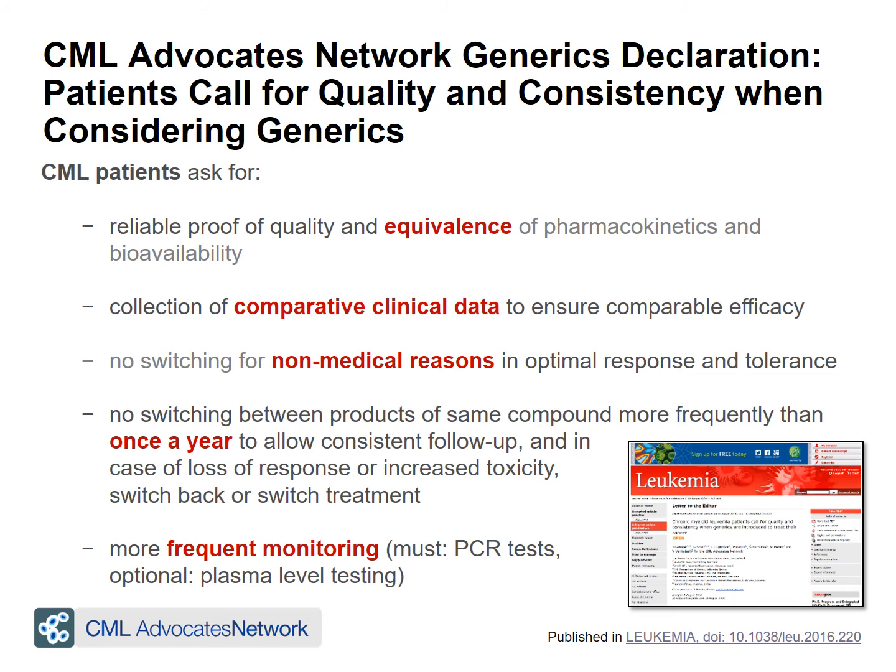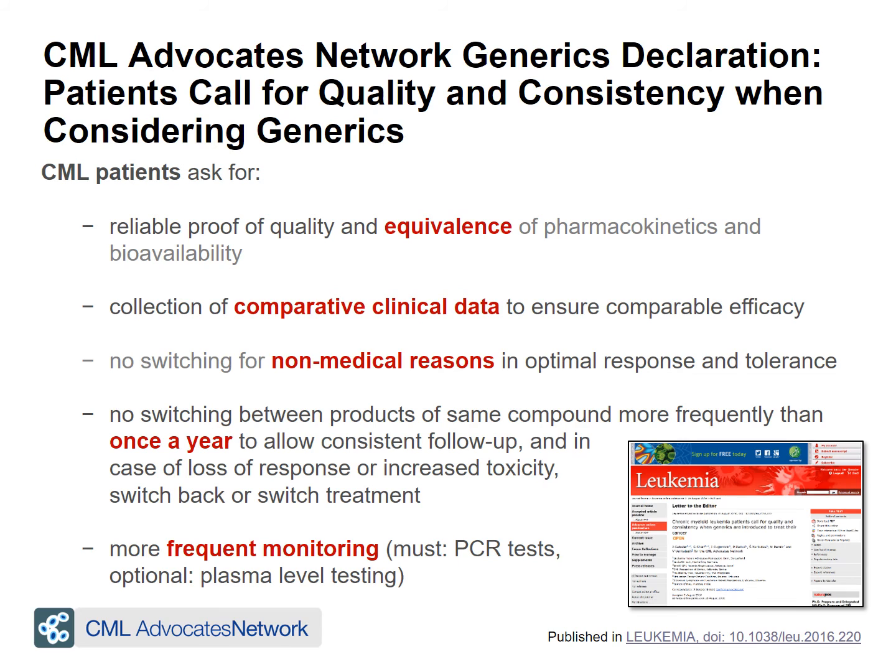The 5 basic recommendations and requests from the community were, first, that governments and regulators must provide reliable proof of quality and equivalence of pharmacokinetics and bioavailability, because sometimes the regulators or the governments say that it's equivalent, but they're not providing the respective documents for it. So there must be reliable proof for this.